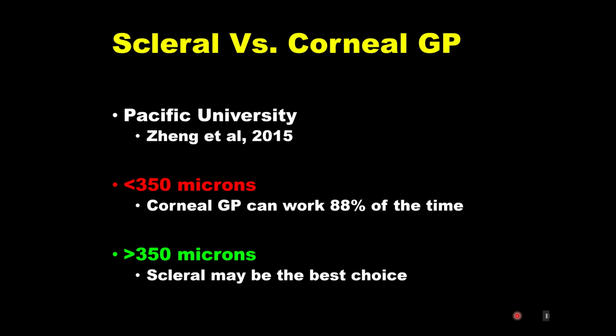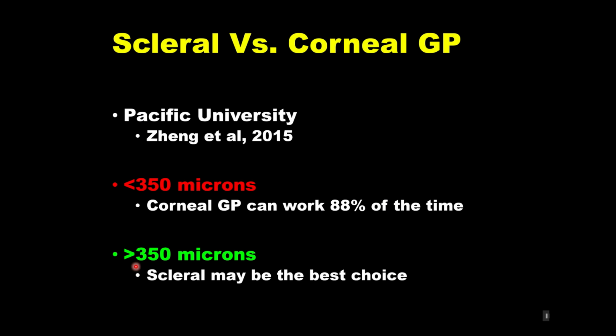Well, in this study by Frank Zhang and our colleagues at Pacific University, we found that when you have less than 350 microns of elevation differential, a corneal GP can work 88% of the time. When that elevation differential is greater than 350 microns, that's where a scleral lens may be the best choice.